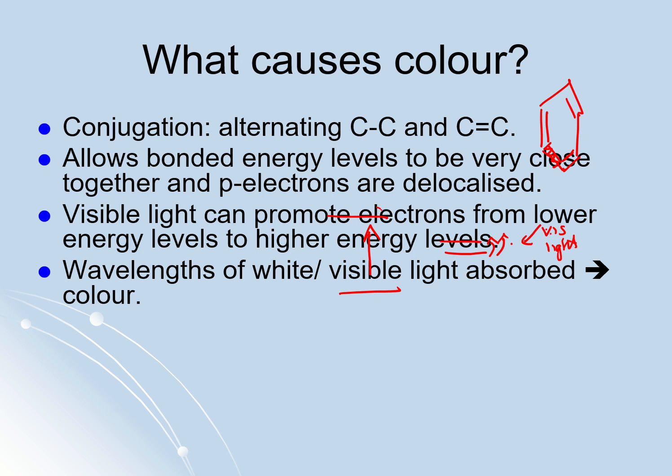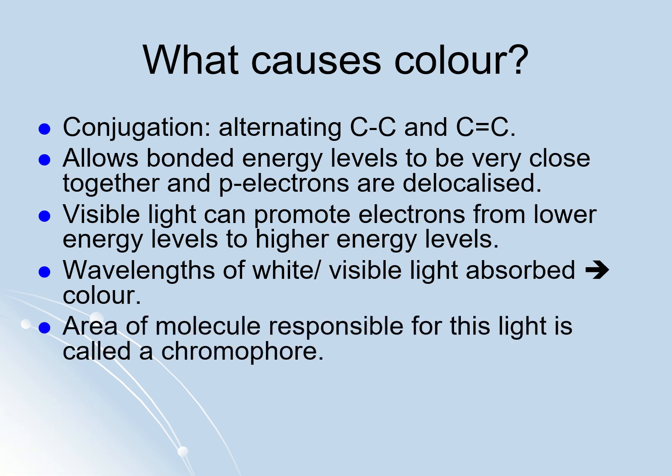Unless you have conjugation, you don't get the energy levels coming closer together, and therefore even if I had visible light coming in, the energy isn't enough to promote these electrons from here up to there. That simply doesn't happen. So I have to have this area of conjugation to start off with.